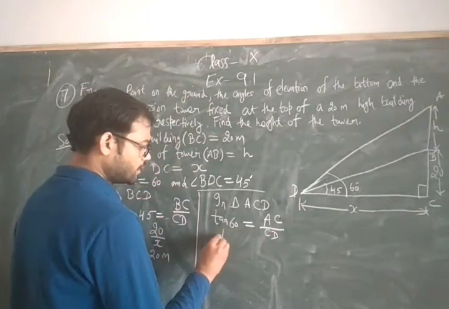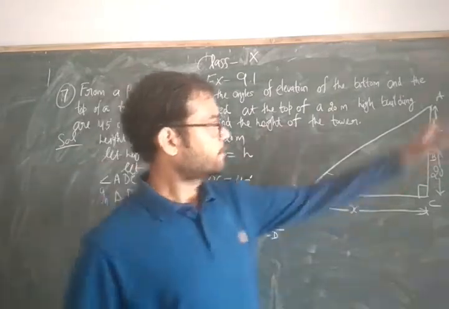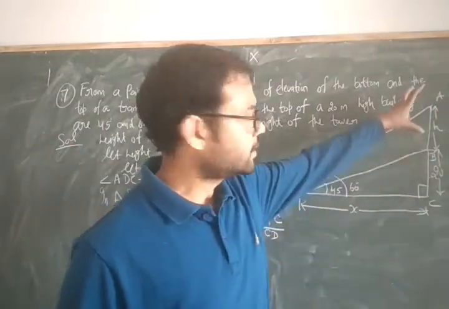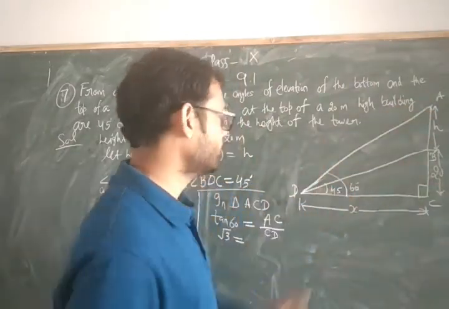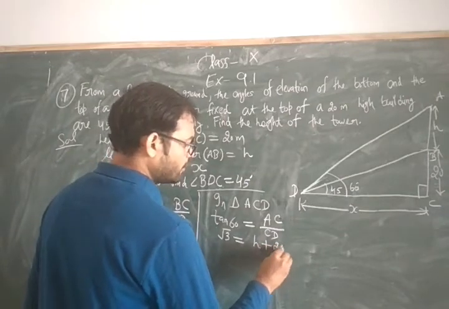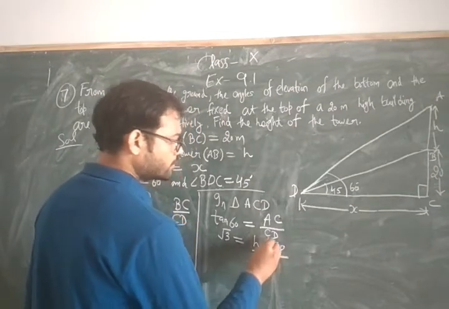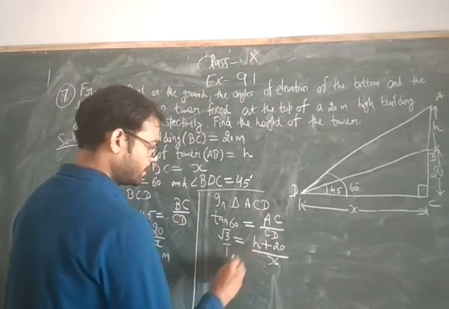Now tan 60 is root 3, and the value of AC, you will just add that. So it becomes h plus 20 upon CD. CD is x. So you will cross multiply here.